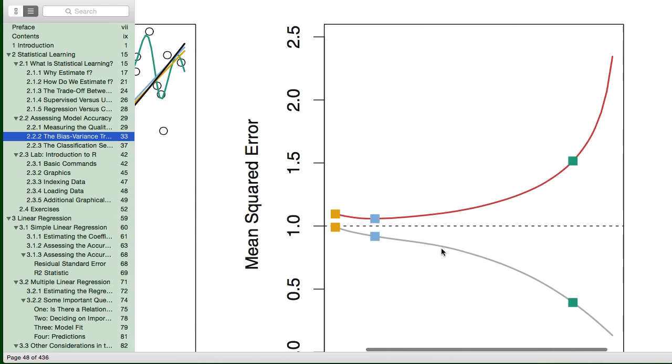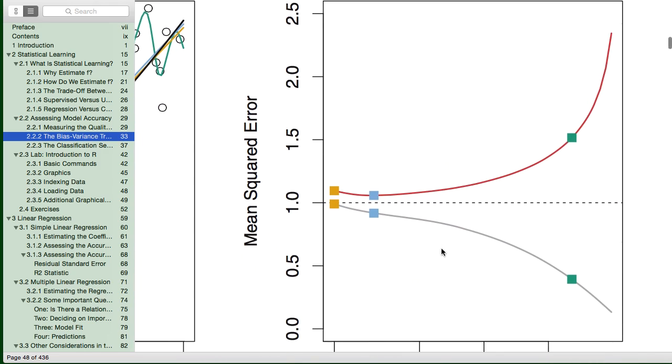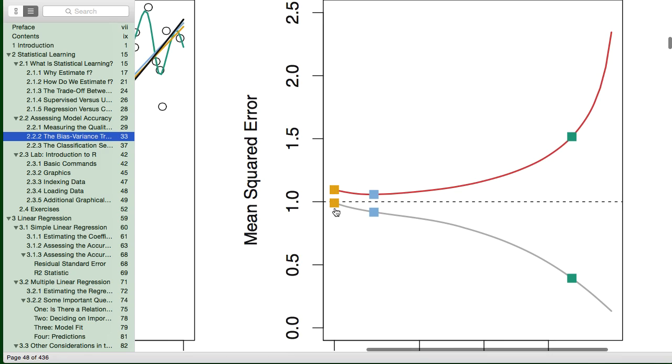And here again, we have a similar situation, except that in this particular case, the inflexible method performs about as well as one of the flexible methods. The other flexible method is really great for the training data, but just terrible for the test data.